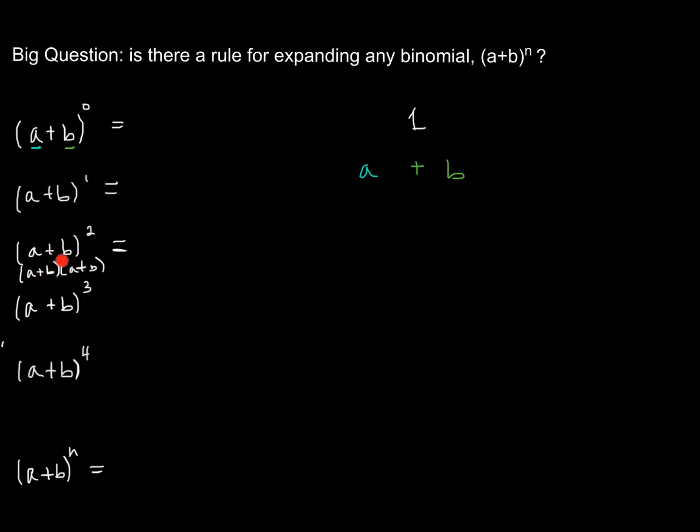And then I have to take b and multiply by both terms here, so I'll have b times a, which will be another ab, and then b times b, which will be b squared. So I'll have a squared, then I'm going to have a times b and another a times b, meaning I'll have 2 of those a times b values. And last, I'll have b times b, which will be b squared.